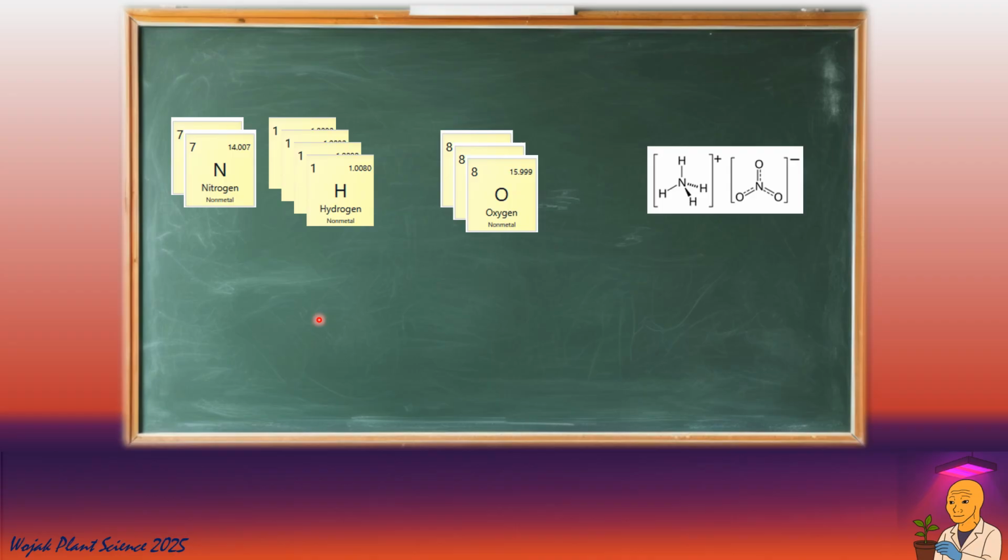So another example, what do we have here? 2 atoms of nitrogen, 4 atoms of hydrogen, 3 atoms of oxygen, that is the salt ammonium nitrate. We have again nitrate, part of nitric acid, and we have ammonium. When you have ammonia, which has only 3 hydrogen atoms, it does not have a charge.